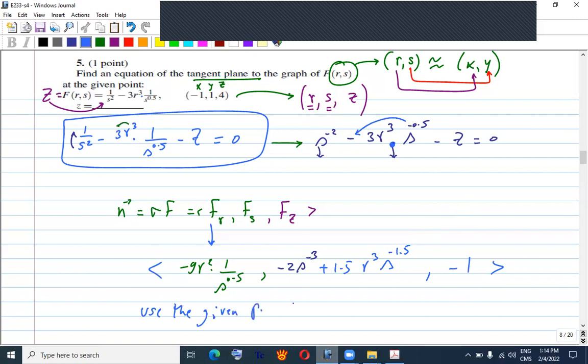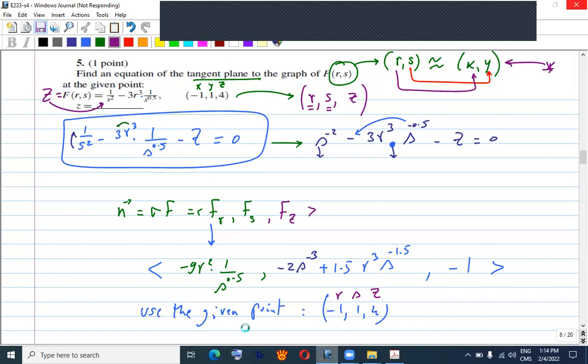The given point has minus 1, 1, 4, and we said this is R, S, Z. How did I get it? I get it from here, the way they assigned it. Is it okay? Yeah, perfect. That may happen in a test. They change letter names. It may not be R and S even. They may choose A, B, C, whatever. That's it. Let's plug in these numbers.